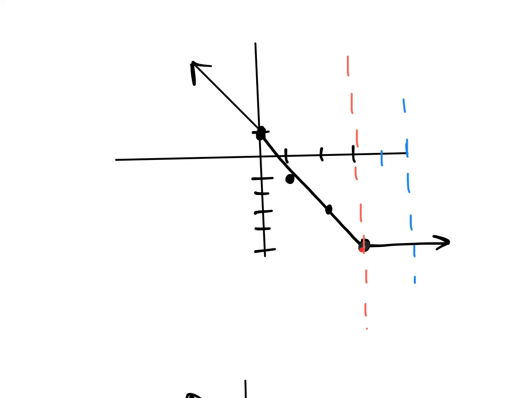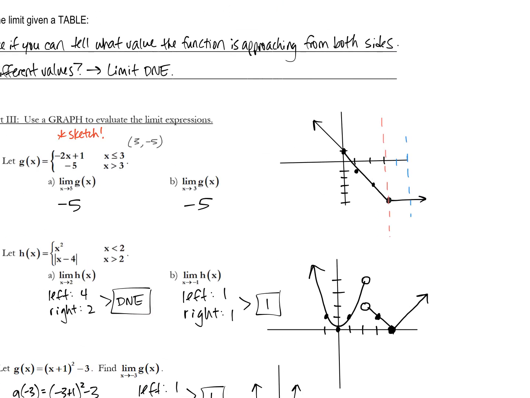They're going to meet right here. You can kind of think about this as cars driving on a map. You're like in a drone looking at Google Maps or something, and you've got one car approaching from one direction, you've got another car approaching from another direction. They're going to meet. At what y value are they going to meet? Negative 5. So again, we have the same answer there, negative 5.